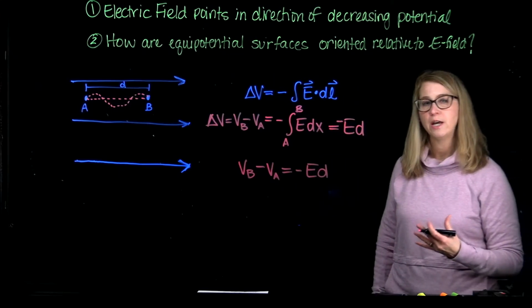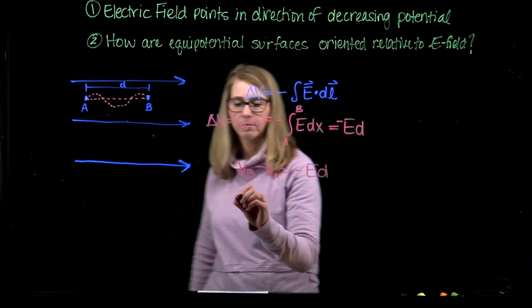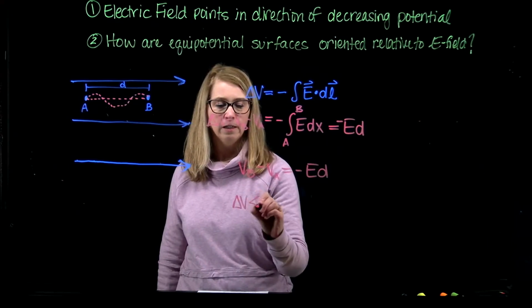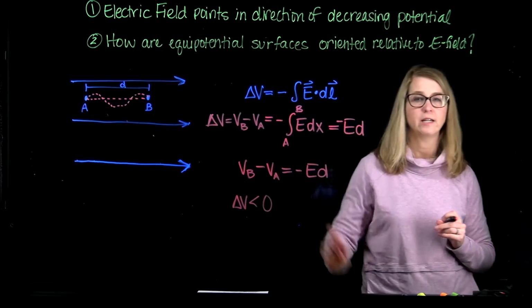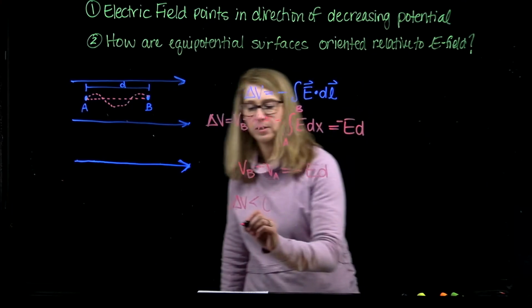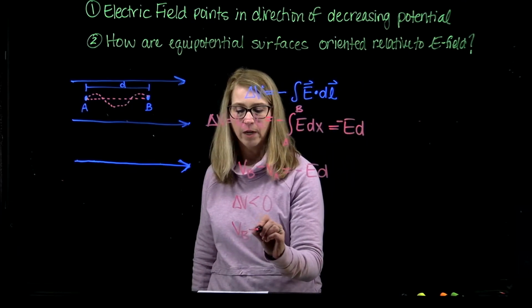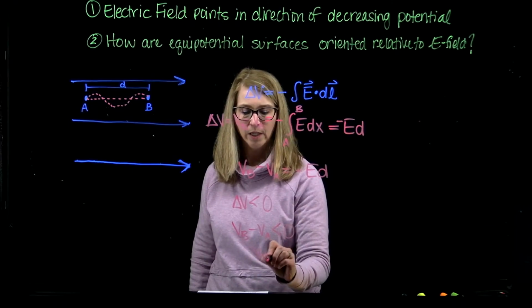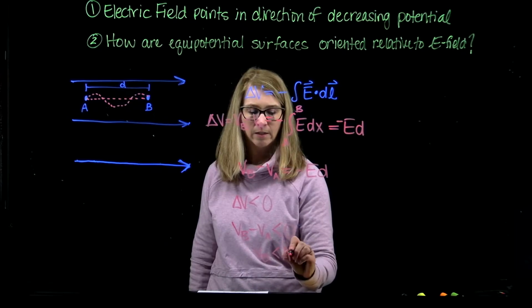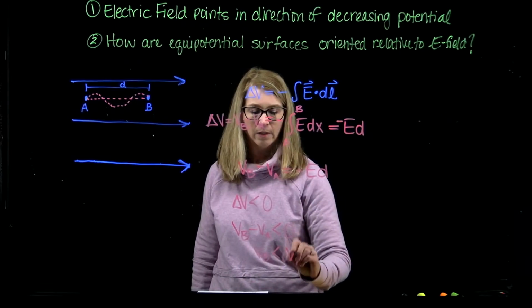So what this is telling me is that my delta V is less than 0 because of that negative sign, which means that VB minus VA is less than 0, which means that VB is less than VA.